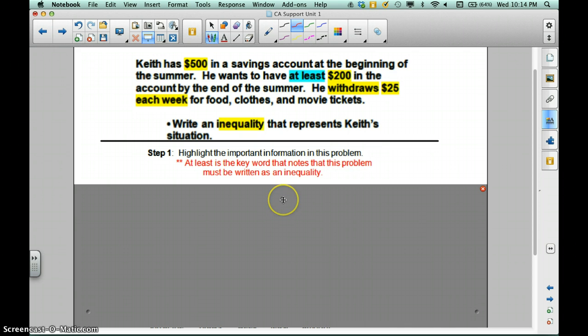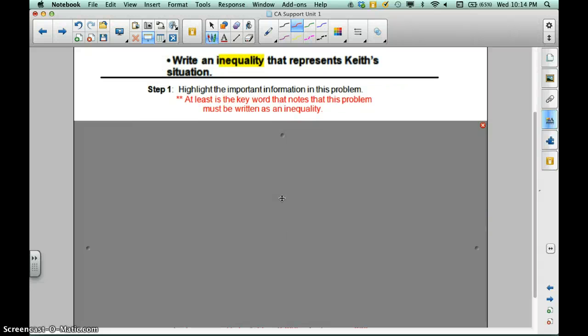So if you continue, highlight all the important things. The words at least in the problem are highlighted in blue because that helps us to recognize that this isn't going to have an equal sign. Since it's at least $200, it's going to be a greater than or equal to sign.